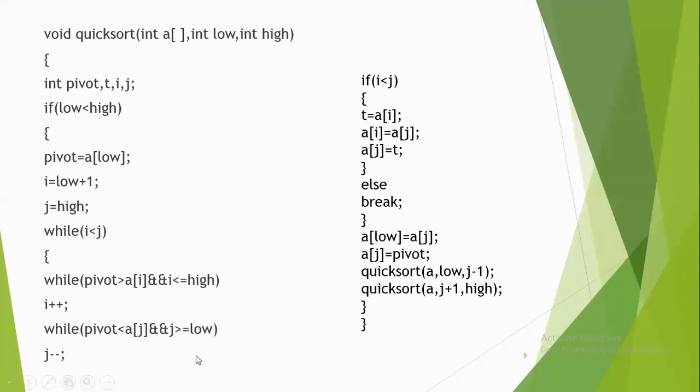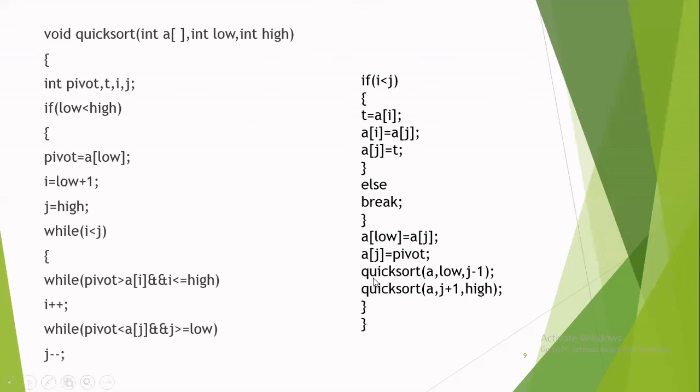And at last, you are going to swap the A of low element with the A of j element. Okay, you are going to swap A of low with A of j, and to this jth position, you are going to place this pivot element. Okay, and after fixing the position of the pivot element, next you are going to divide the list into two halves.